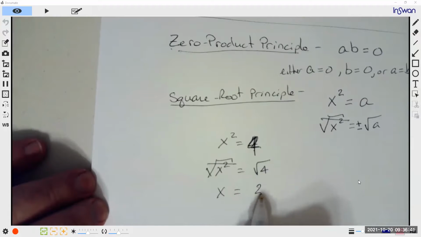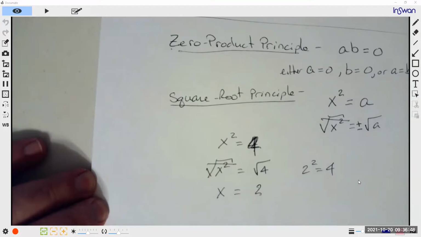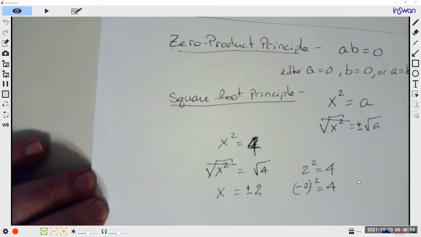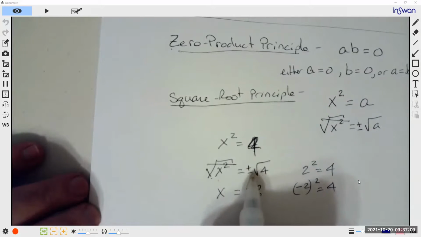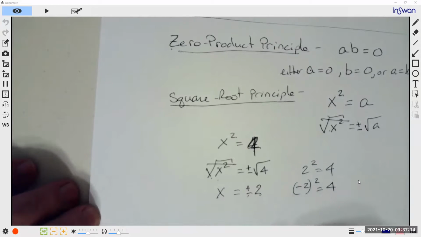We know for sure that 2 squared equals 4. But we also know that negative 2 squared also equals 4. So that's the reason whenever you square root a squared term, it always becomes the plus or minus of that square root. So whenever you take a square root of a squared term, put a plus or minus and then square root the answer.